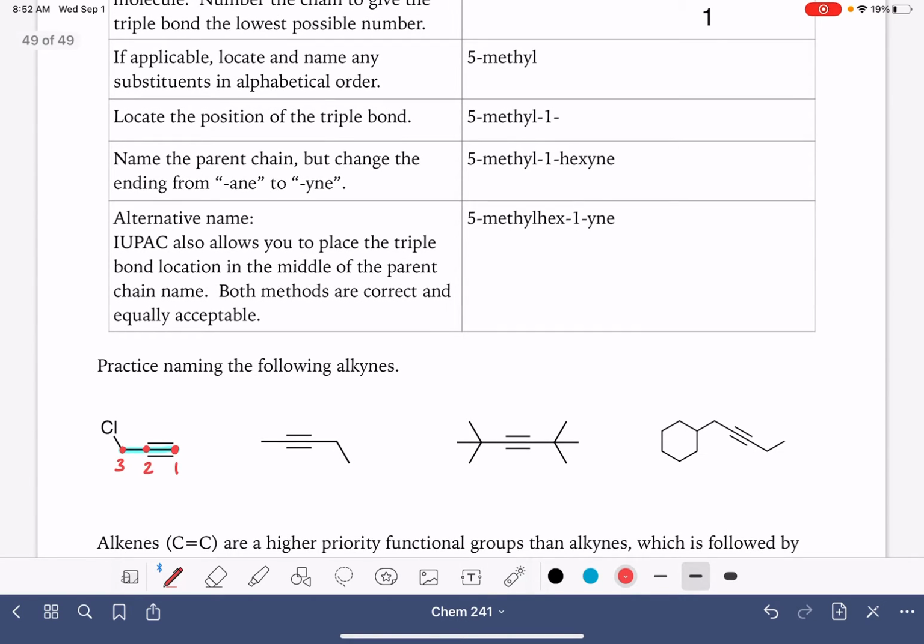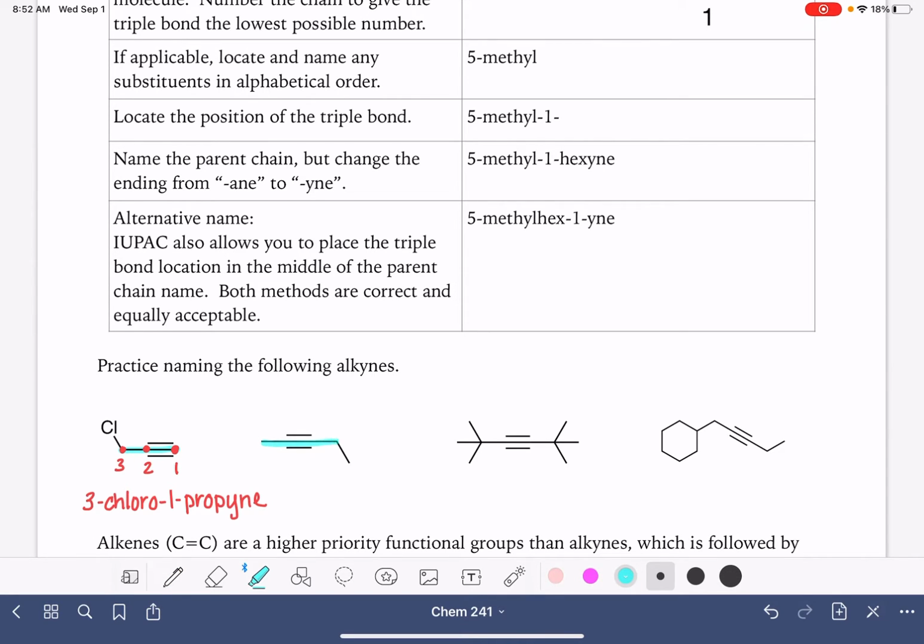We're going to number this one from right to left because our goal is to give the triple bond the smallest possible number. Our substituent is on carbon number 3 and it is chloro. And then we have our triple bond on carbon number 1, and this 3-carbon chain is a prop, so this is a propyne. Or you could say 3-chloro-prop-1-yne.